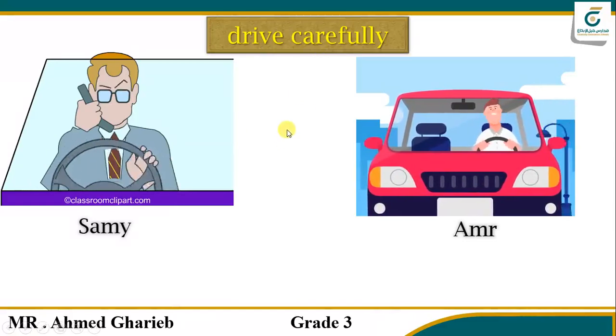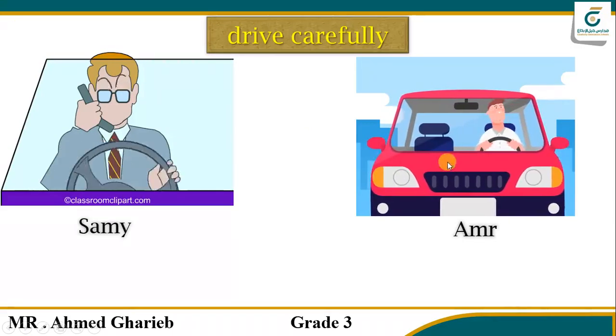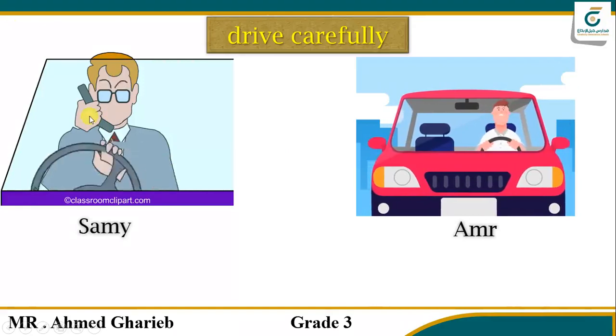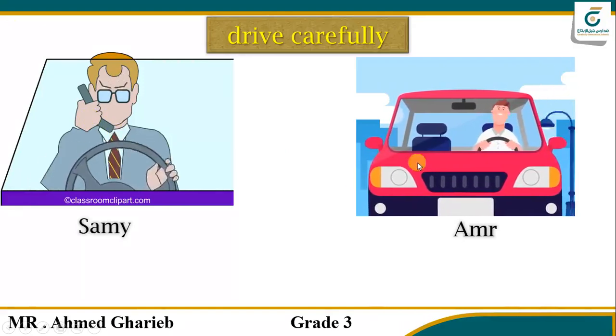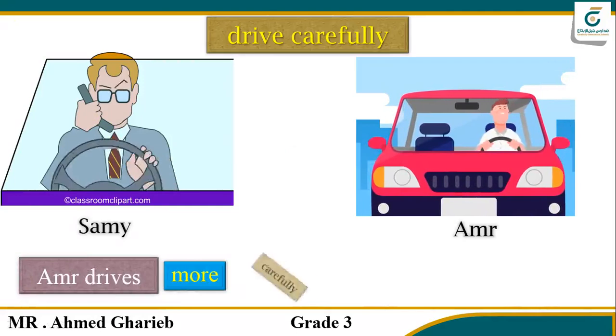So we can say, if you look, you can find that Amr and Sami, one is talking on the cell phone. Wow, it will distract him. So we can say that Amr drives more carefully than Sammy.